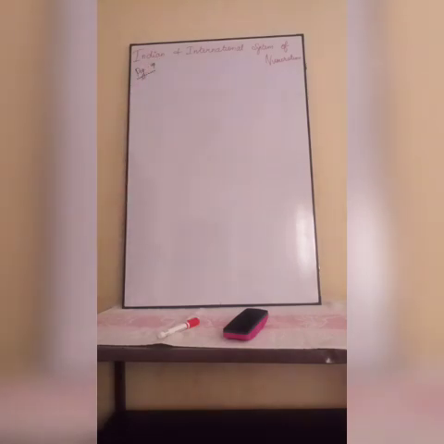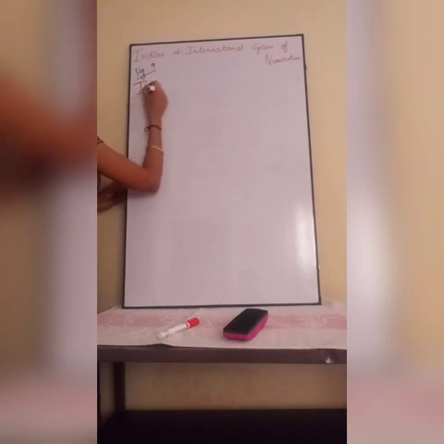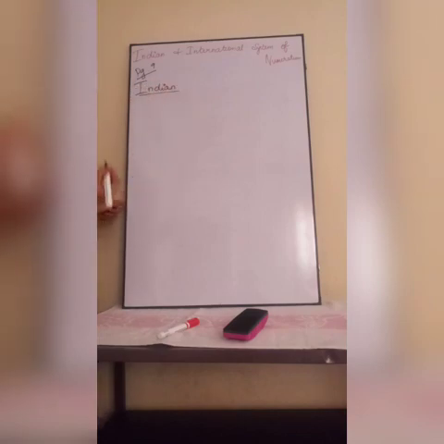In that they have given the Indian and international system of numeration chart, which means Indian and international place values you are going to learn now. This is all you have learned already in your refreshing class sessions, but again I am going to recall it. So listen, first is our Indian system.